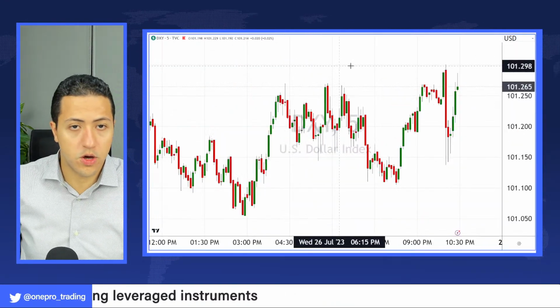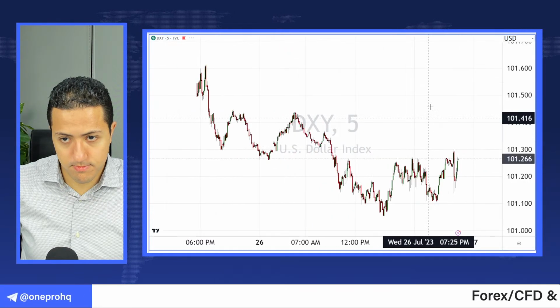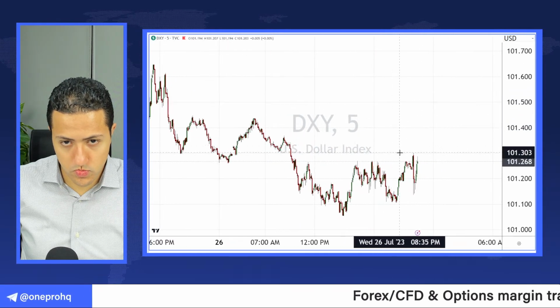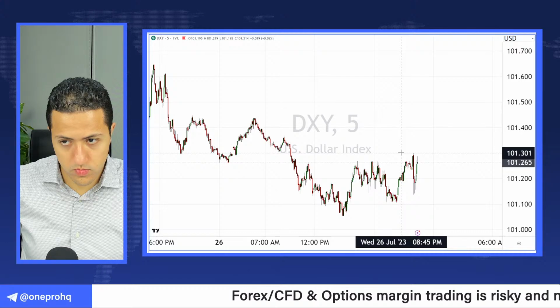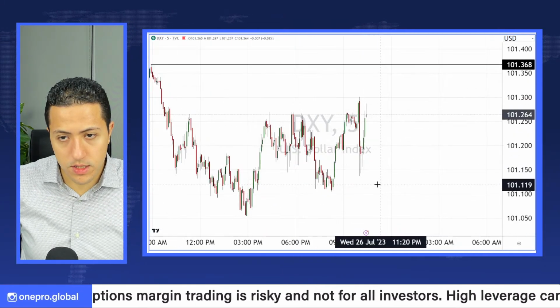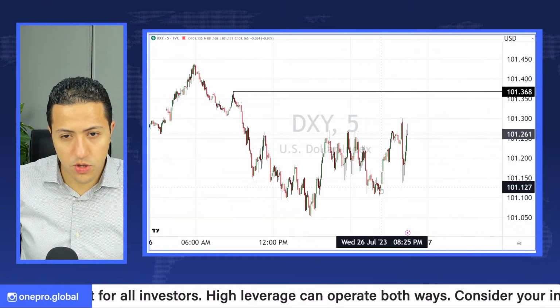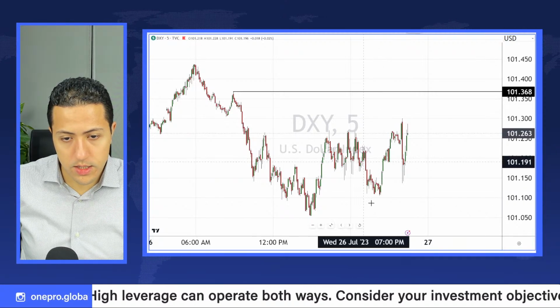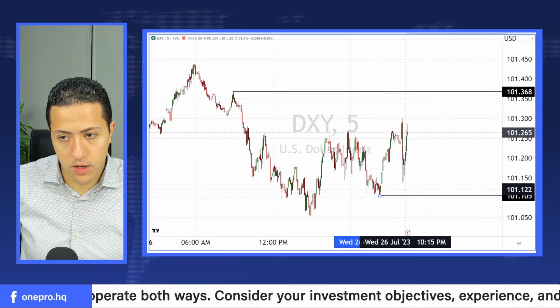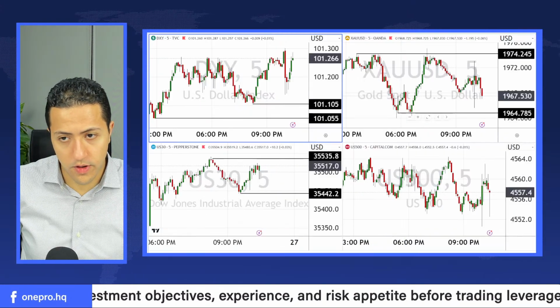And on the dollar index, the nearest resistance is 101.36, not so far, and support levels are 101.10, 101.05.